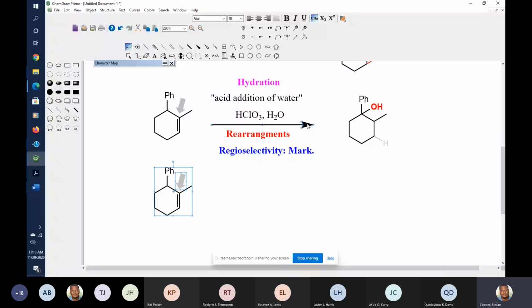It should be hydroboration next. Okay, that's right. What happens if I do this? Can anybody tell me what this reagent is going to do?